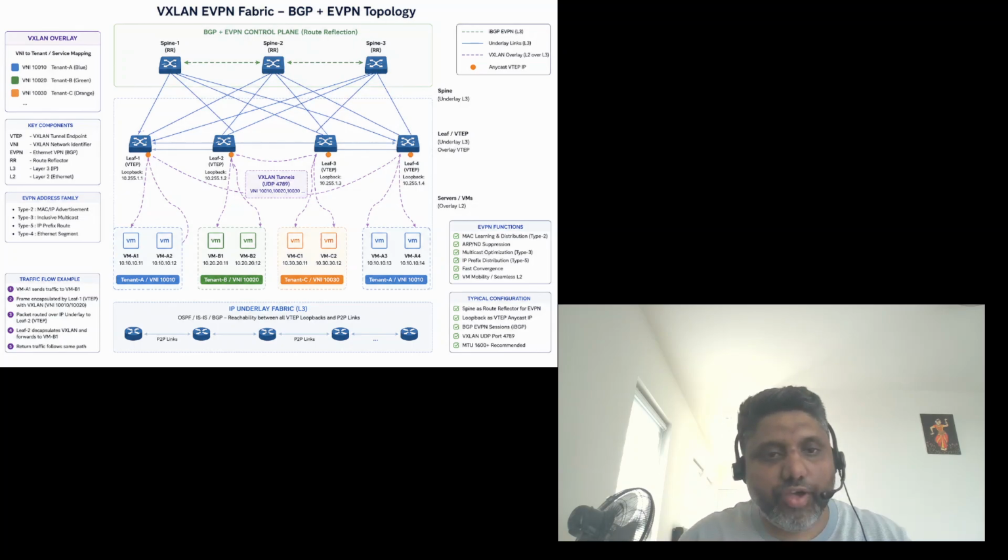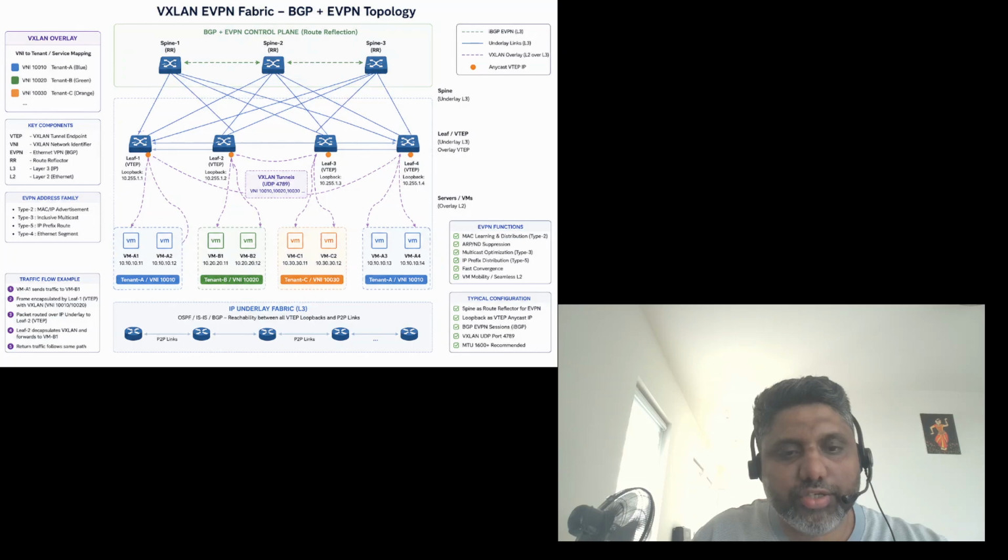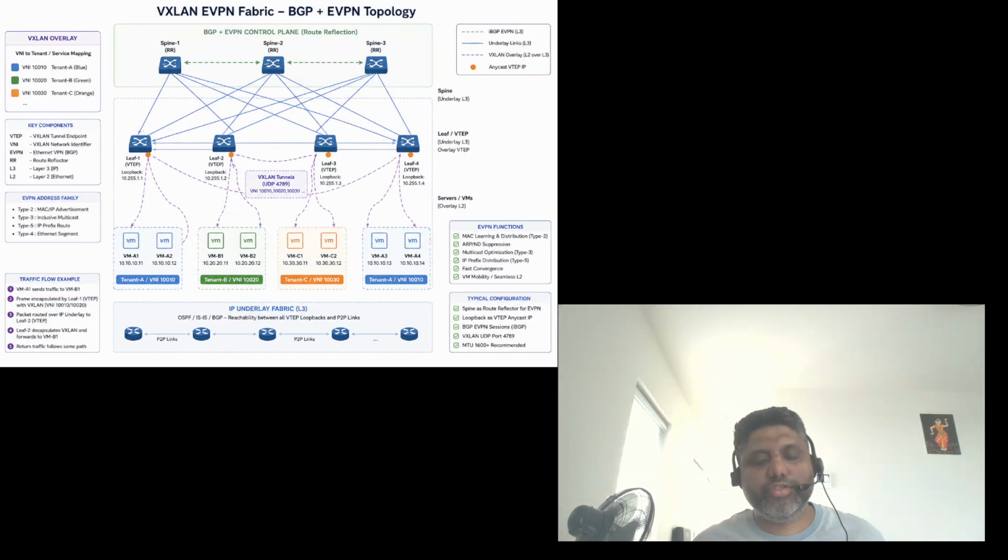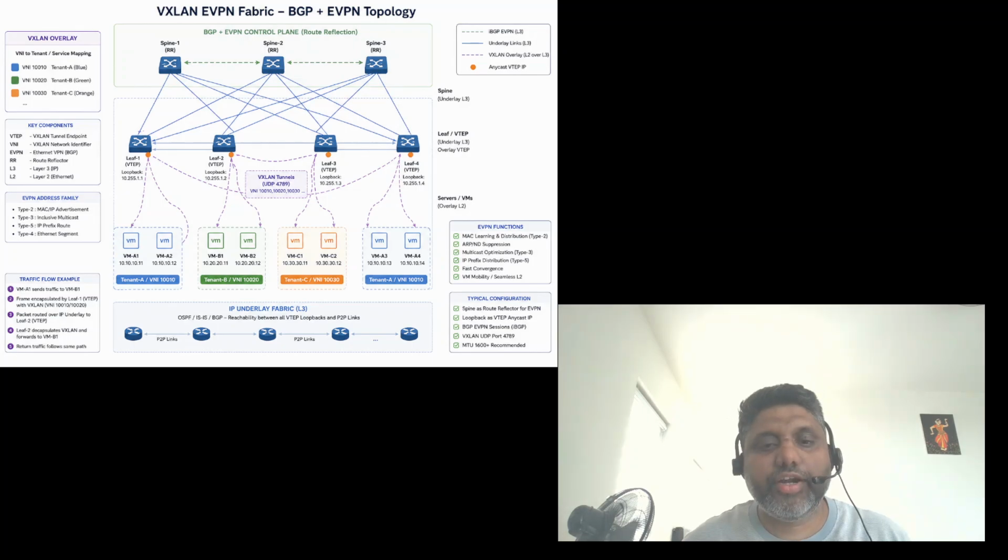In the same way, as I described in the topology here, there are tenant A, tenant B, tenant C, and tenant A again. These are different tenants with different VNI, that is, virtual network ID numbers, right?